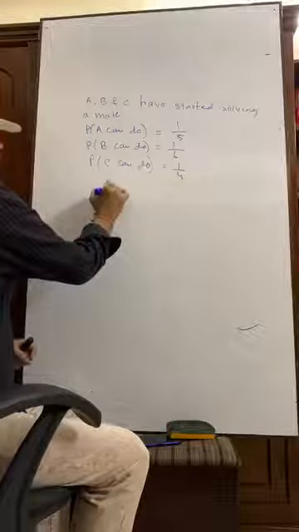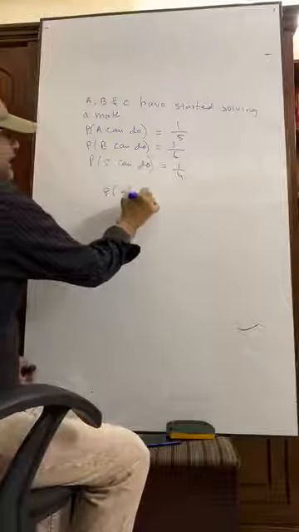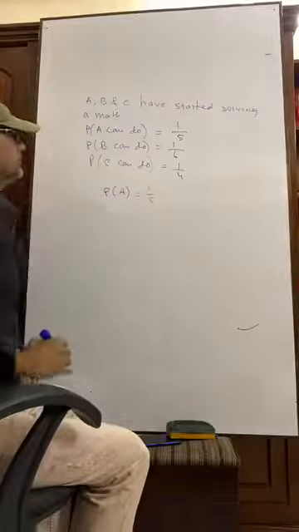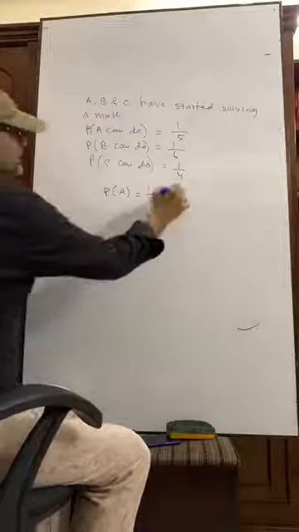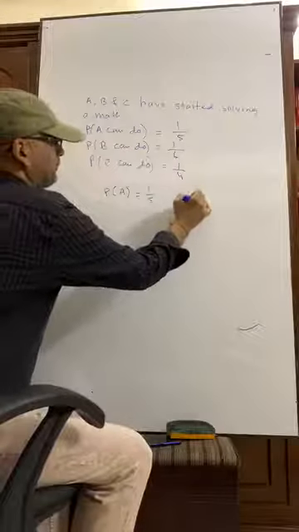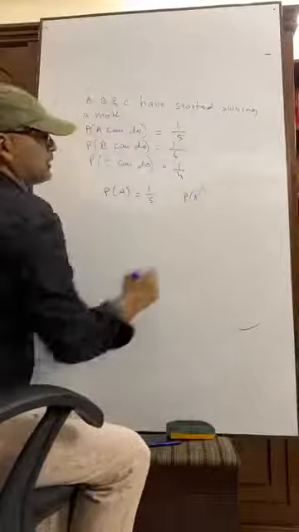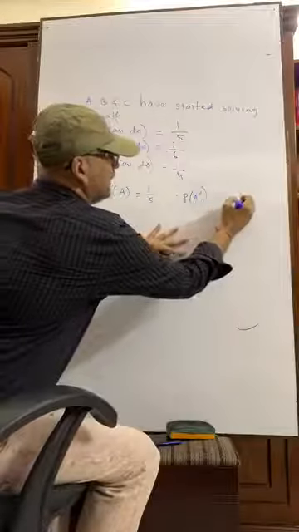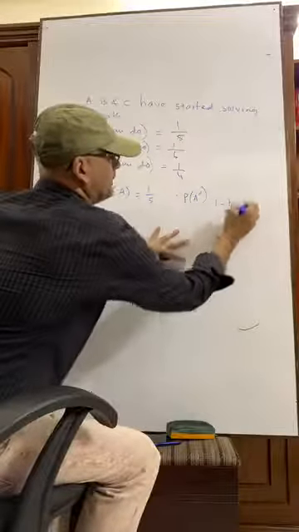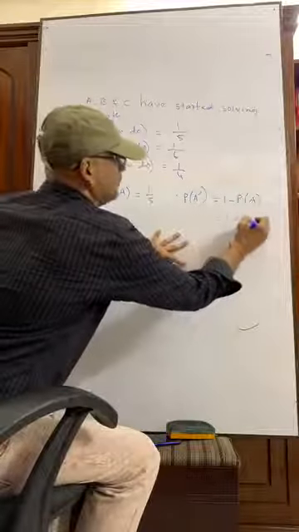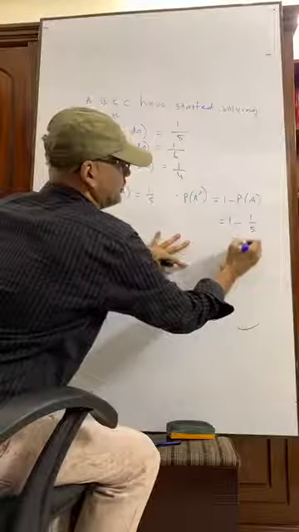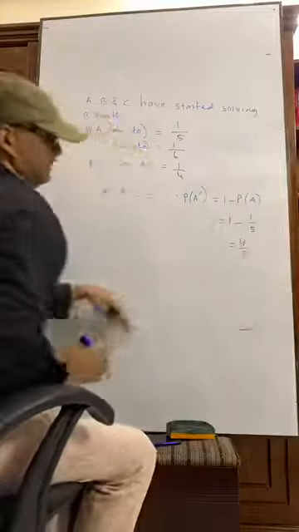Suppose P of A is given as 1 by 5. Therefore P of A prime is equal to 1 minus P of A, that is 1 minus 1 by 5 equals 4 by 5.